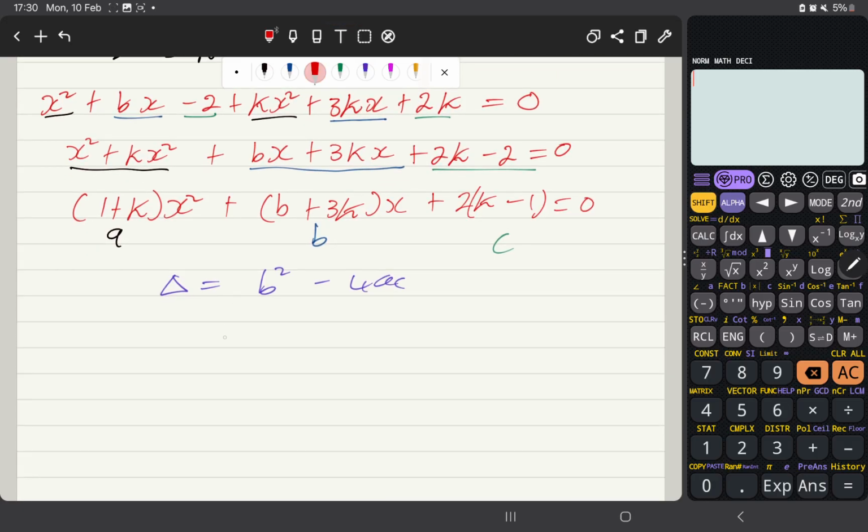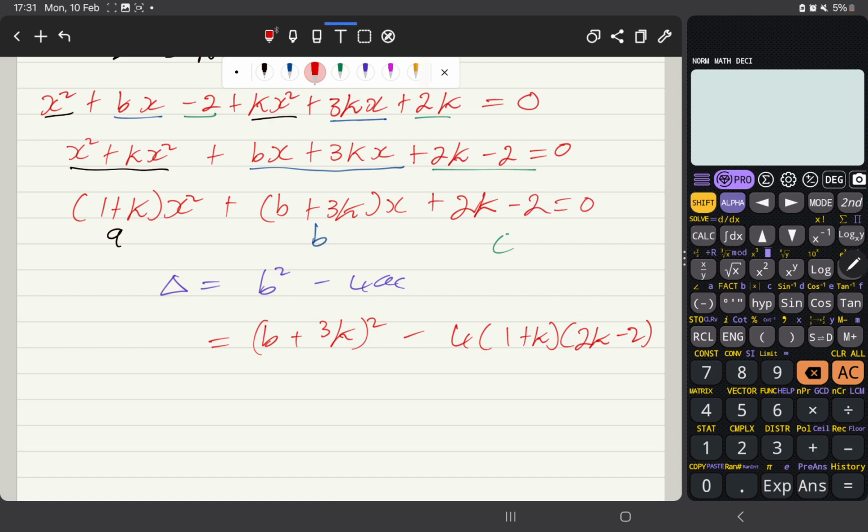So now I'm gonna say I have b plus 3k, so I'm squaring it, b squared, then I am minusing 4 into a, which is 1 plus k, and multiplying it into c. I think here I may just use the original one before, 2k minus 2 minus 2.